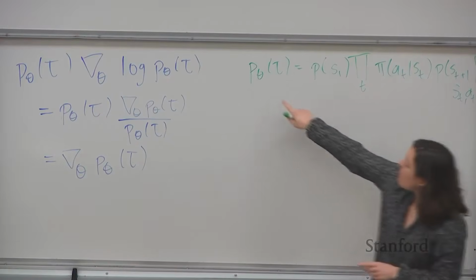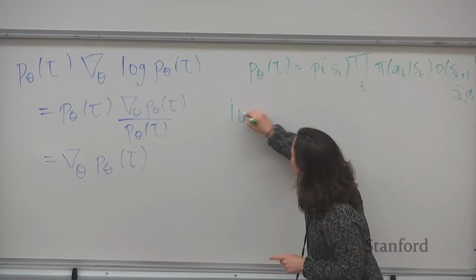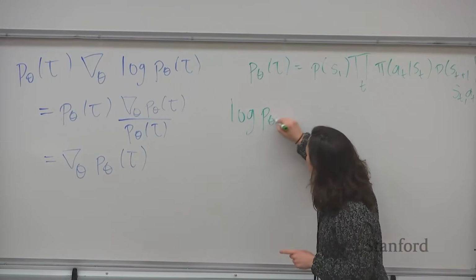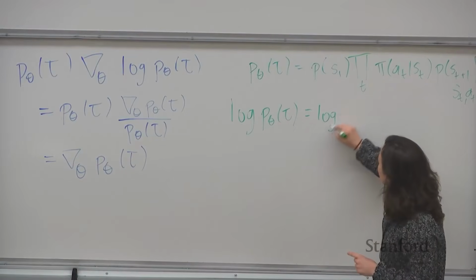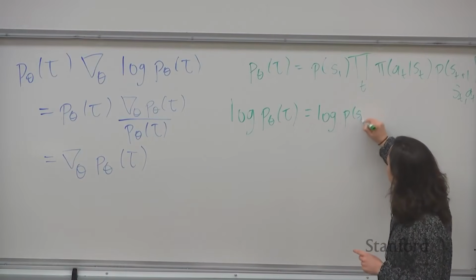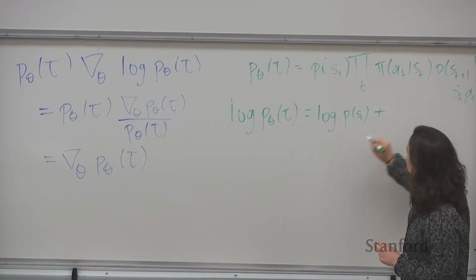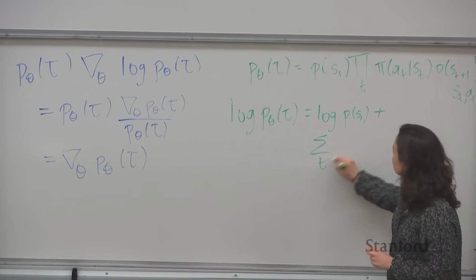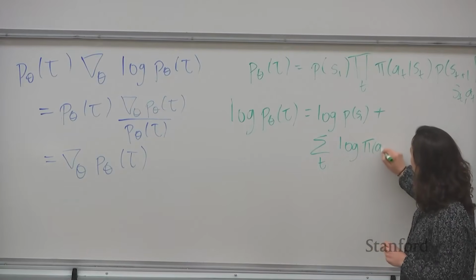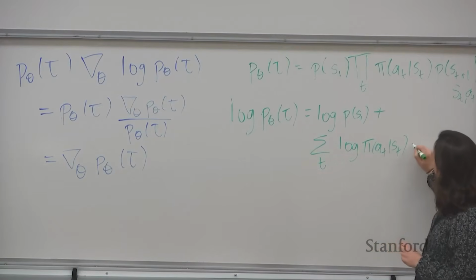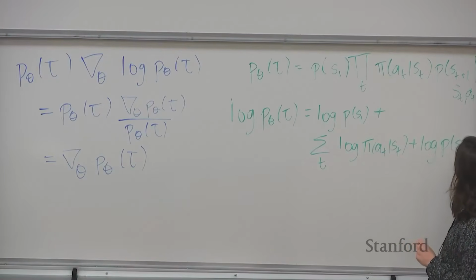Then when we take the log of this, the log of p theta of tau is equal to the log of p of s1 plus the sum over t of the log of pi plus the log of the dynamics.